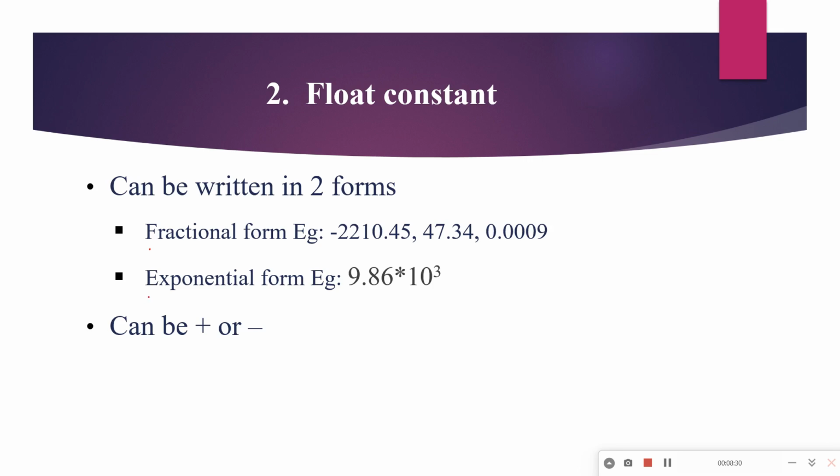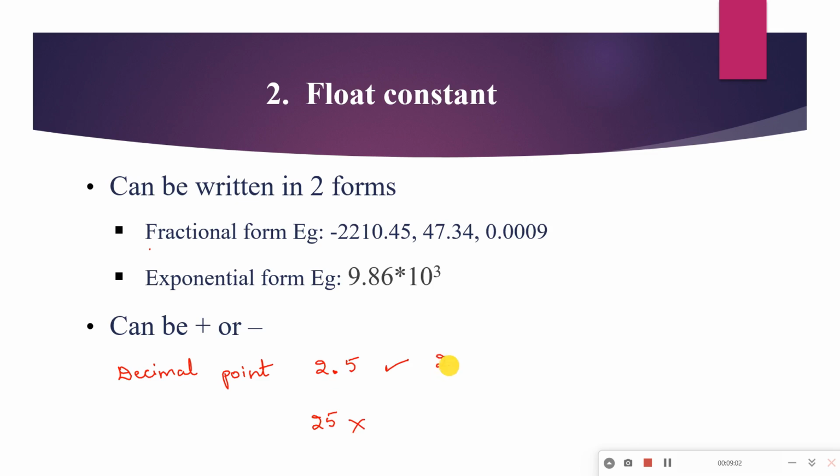Whatever constant you take, it should have at least one digit, and the difference between the integer constant and the floating point constant is that it should have a decimal point. For example, if I write 2.5, yes, this is valid. If I write 25, it will become an integer constant. This cannot be a floating point constant. It should include a decimal point.